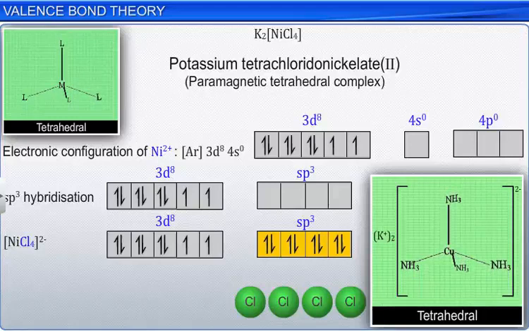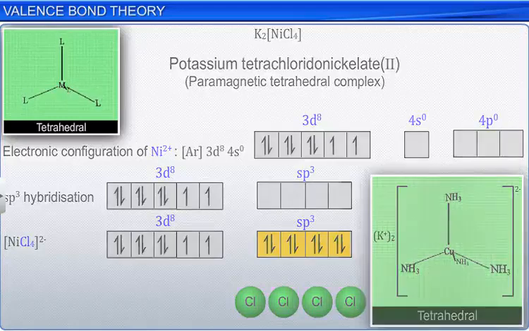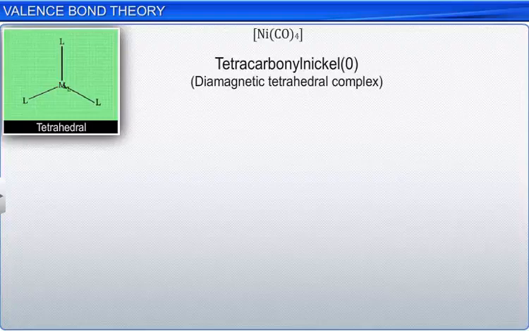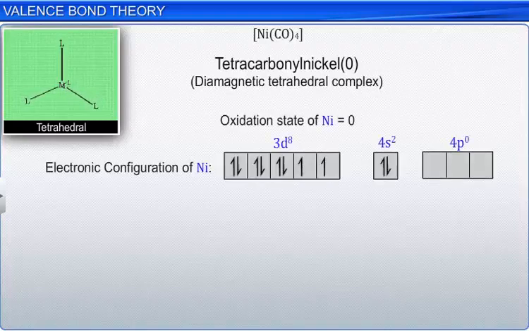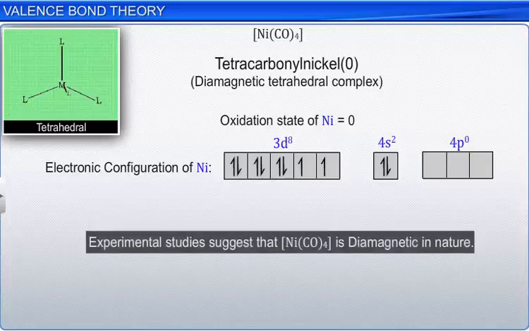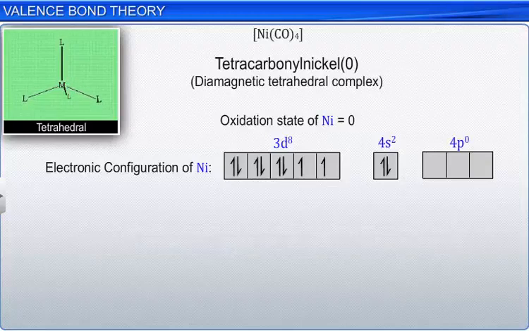Tetracarbonyl nickel(0) is an interesting example of a diamagnetic tetrahedral complex. In this complex, the metal atom nickel is in zero oxidation state. Experimental studies suggest this complex to be diamagnetic in nature. This is possible only when the paired electrons in the outer 4s orbital pair with the electrons in the 3d orbital.